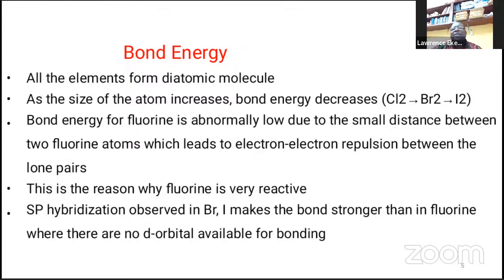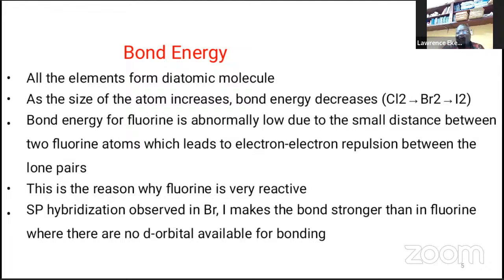The bond energy for fluorine is exceptional from all the rest of the diatomic molecules. It is abnormally low. Remember, we said ionization energy decreases down, electron affinity decreases down, and electronegativity decreases down.